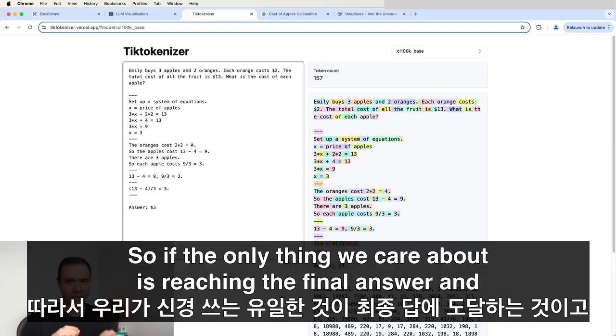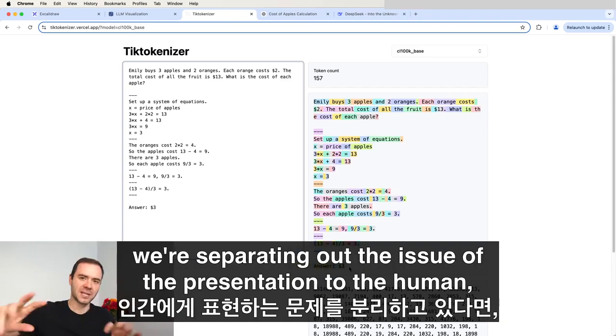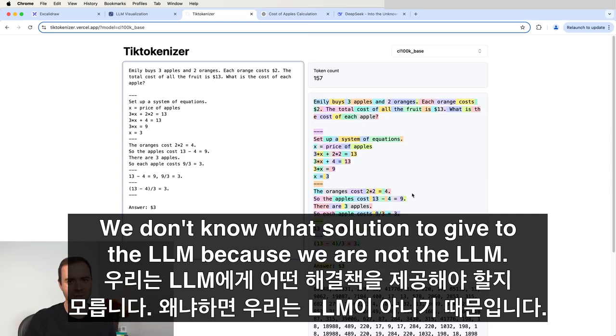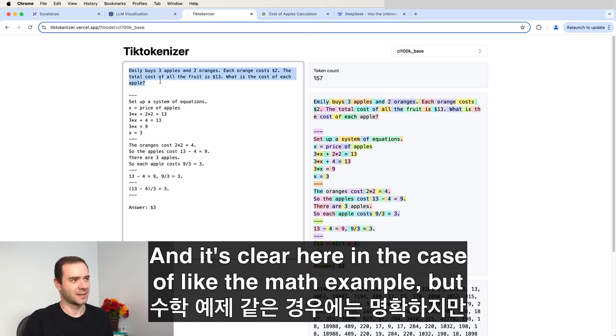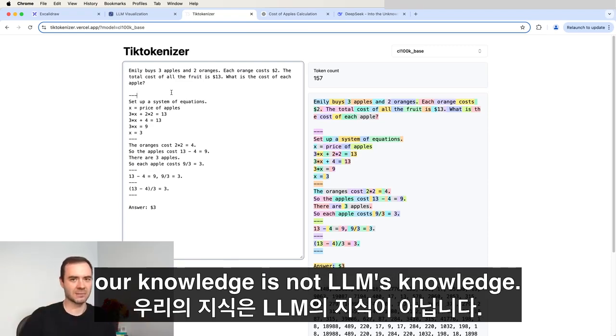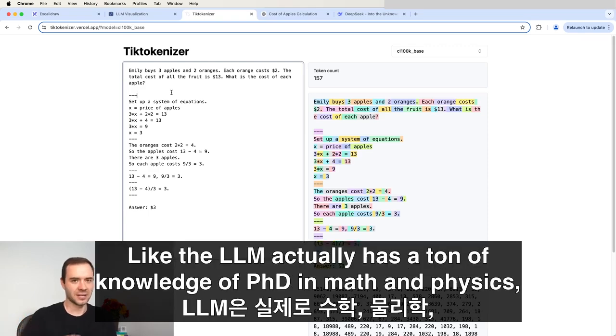So if the only thing we care about is reaching the final answer, and we're separating out the issue of the presentation to the human, then we don't actually really know how to annotate this example. We don't know what solution to give to the LLM, because we are not the LLM. And it's clear here in the case of the math example, but this is actually a very pervasive issue. Our knowledge is not the LLM's knowledge. The LLM actually has a ton of knowledge of PhD level math and physics and chemistry and whatnot.